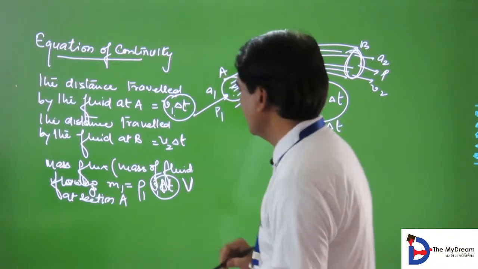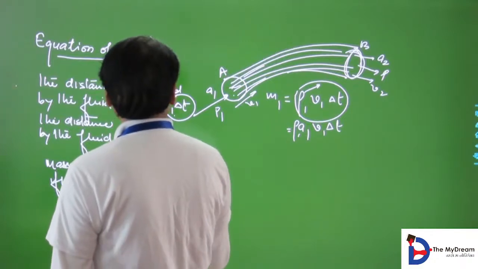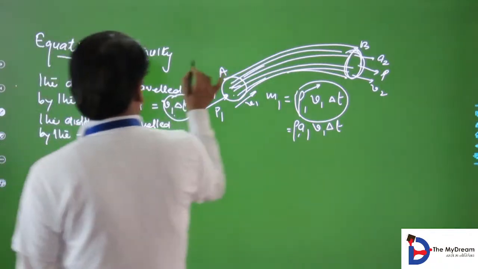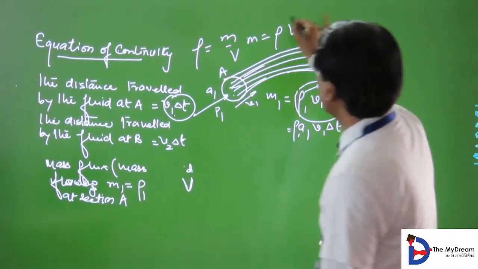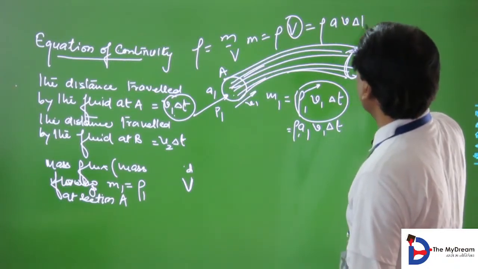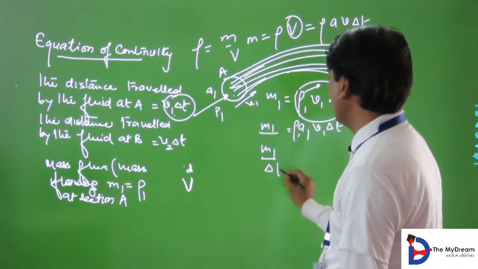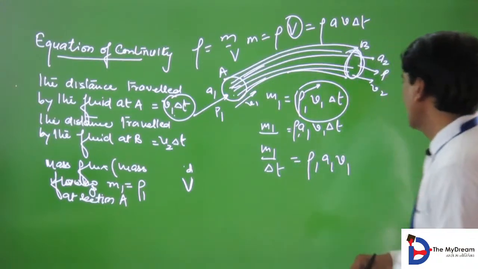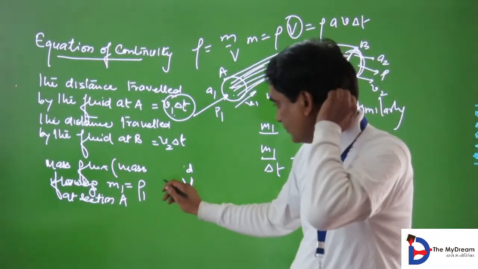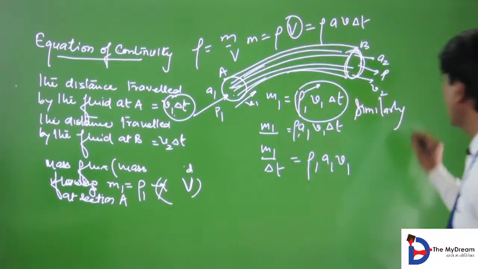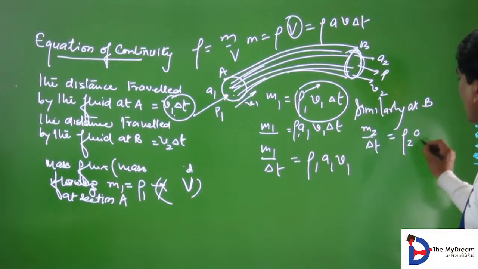Density is equal to mass over volume, so mass is equal to rho into volume, and this is A V into delta T. So M1 by delta T is given by rho 1 A1 V1. Similarly, at B, M2 by delta T is rho 2 A2 V2.